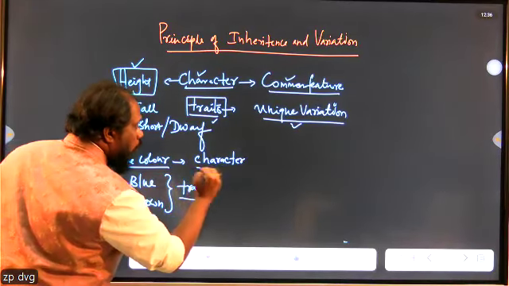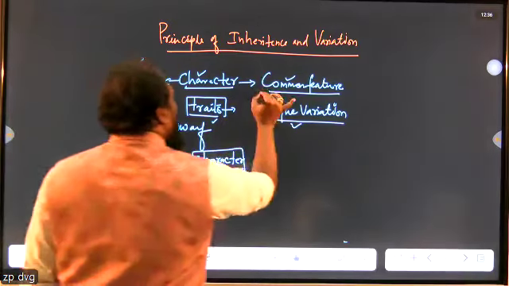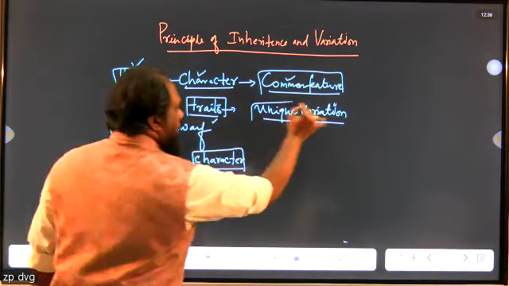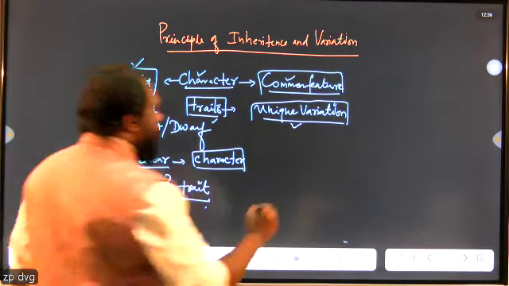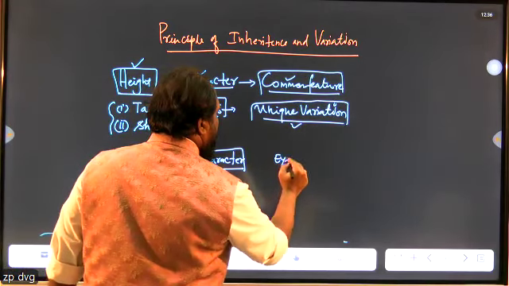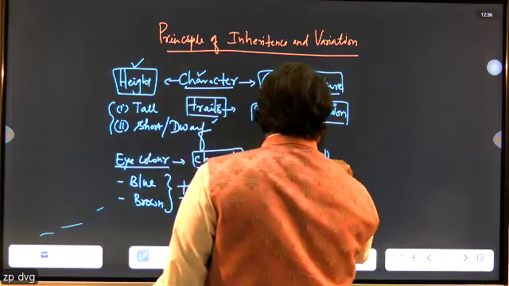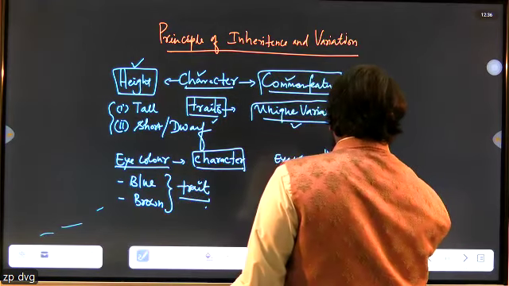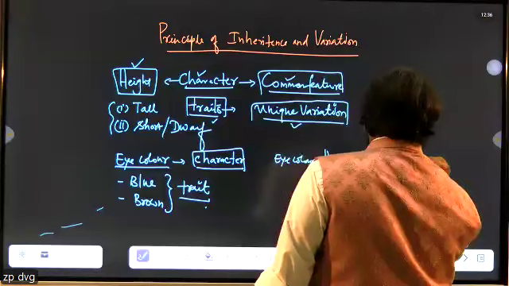You understand? So what is a character? Technically, a character is a common feature. Now what is a trait? A trait is a unique variation. For example, eye color, height of a person, weight of a fruit, red flower.